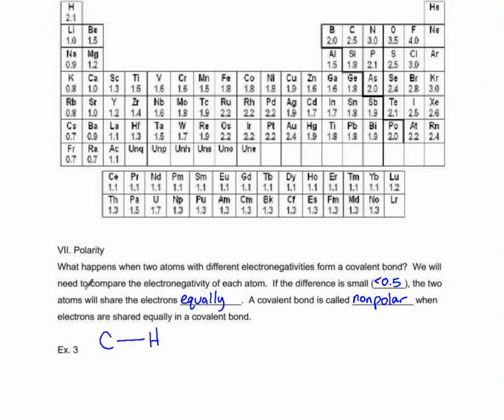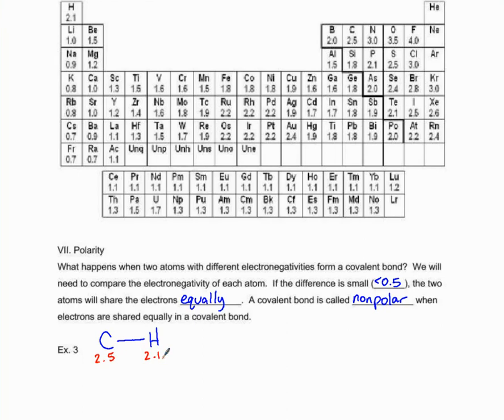So I need to compare these values from the table above. So if I look up here, carbon has a value of 2.5. So we'll write 2.5 here. And hydrogen has a value of 2.1.